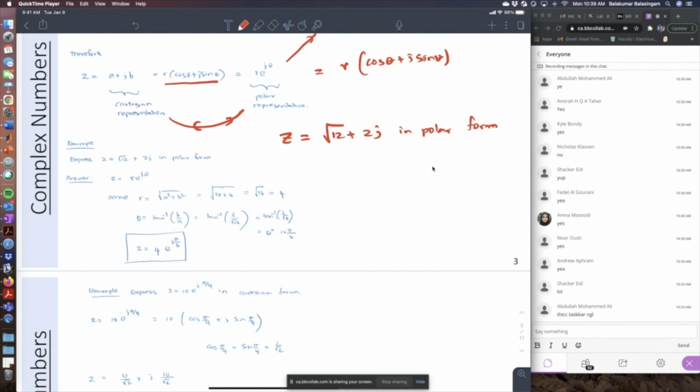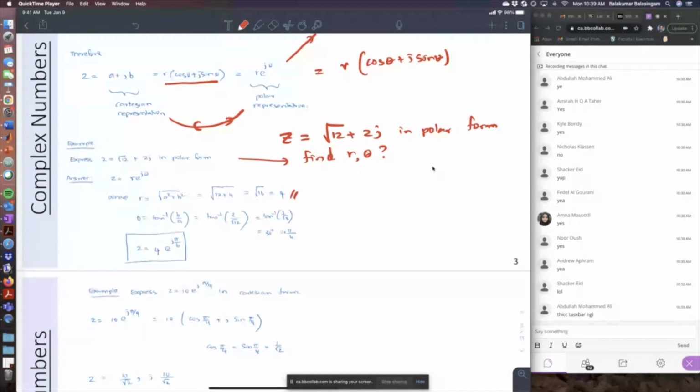Basically, the question is to find r and theta. So r is the square root of a squared plus b squared. A squared is 12, b is 2, b squared is 4. Square root of 12 plus 4 is the square root of 16, which is 4. That is r.